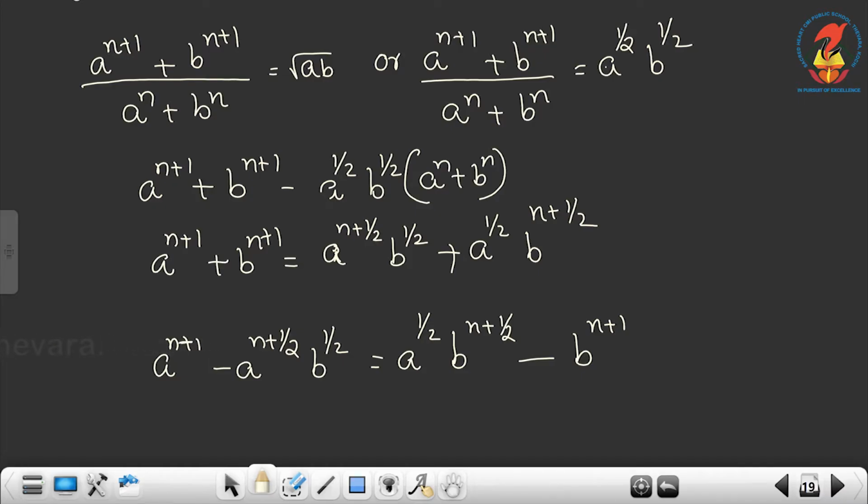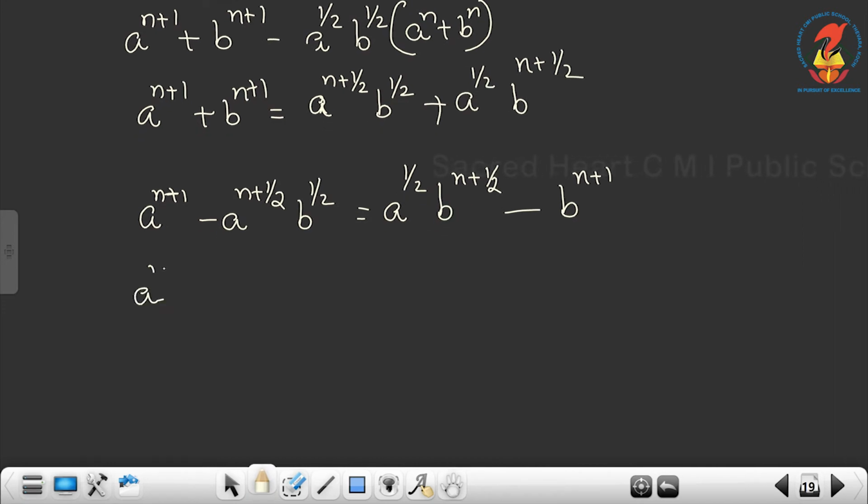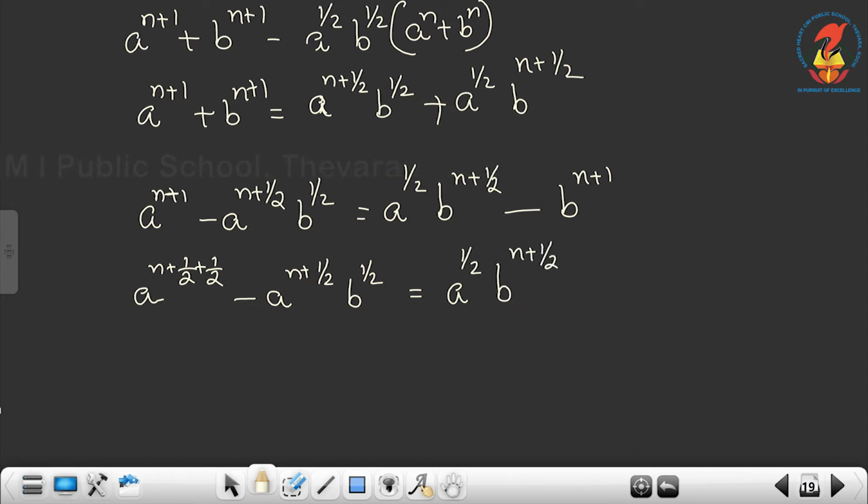N plus 1 is same as n plus half plus half. So n plus half we can take out. Right hand side also we can write like that. Minus b raised to n plus half plus half.